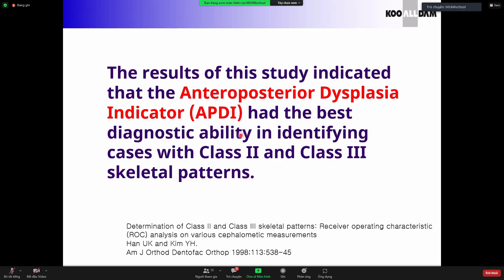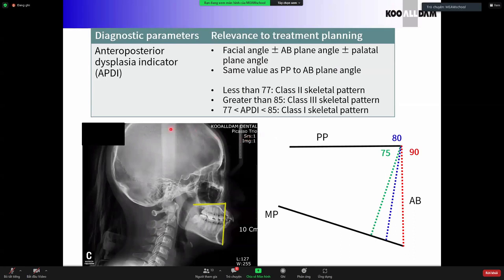So APDI is the best. What is APDI? APDI consists of the sum of three angles: facial angle, AB plane angle, and palatal plane angle. This angle is the palatal plane. This is the AB plane, and this has the same value as this angle.